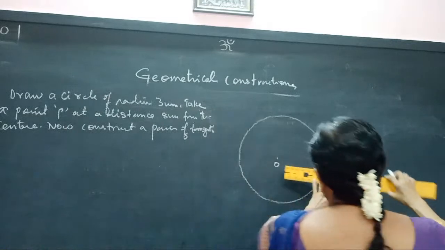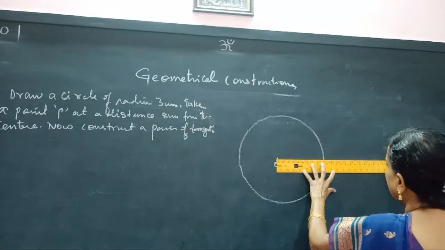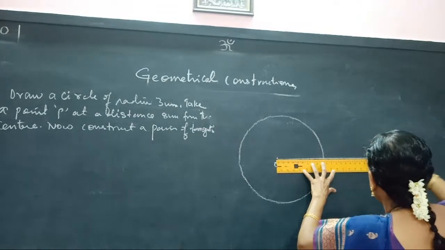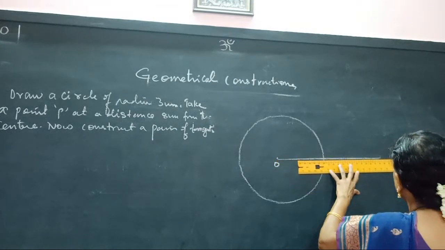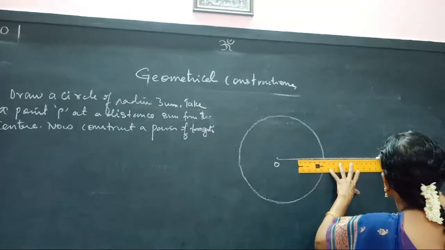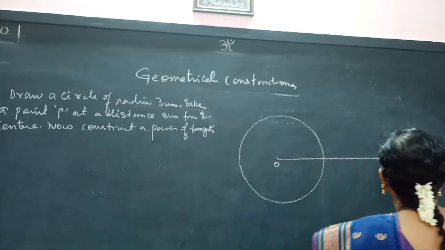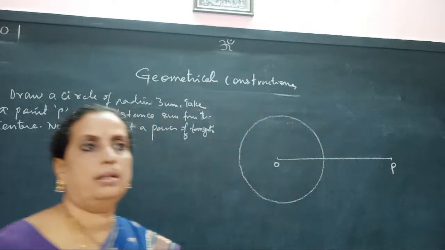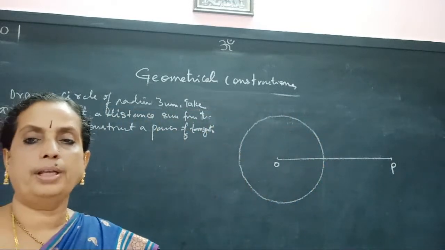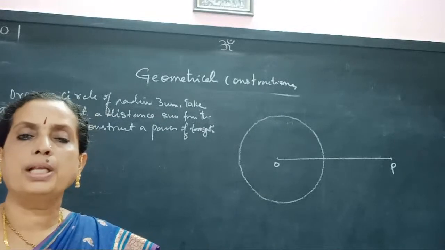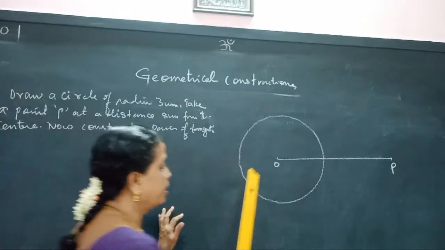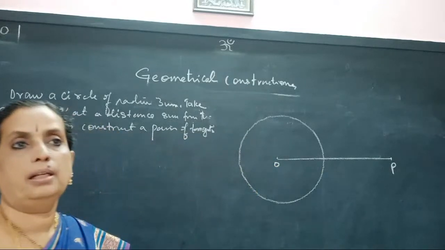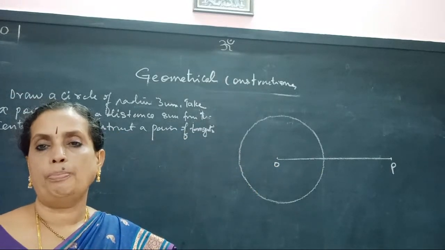Now from the center take 8 centimeter away from the center, a point P. So after drawing a circle using scale, take a distance of 8 centimeter from the center and join OP.